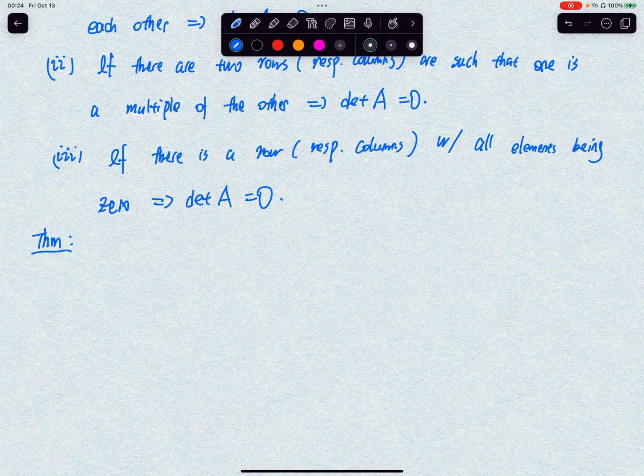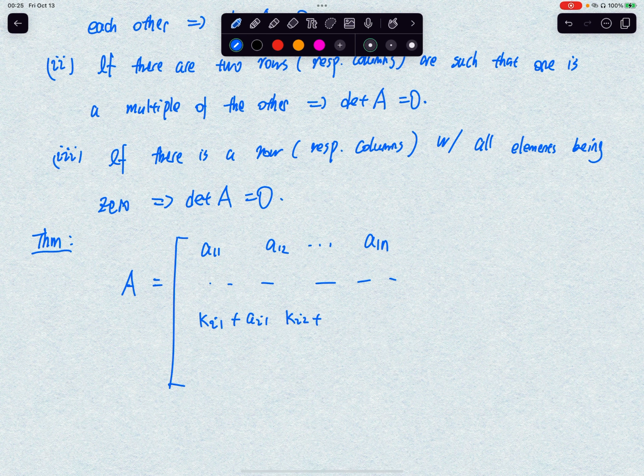Still supposing A is n by n, suppose A is the matrix with rows a11, a12, all the way down to a1n, and suppose there is a row called i, so we have ki1 plus ai1 and ki2 plus ai2, all the way down to kin plus ain, and all the way down to an1, an2 to ann.